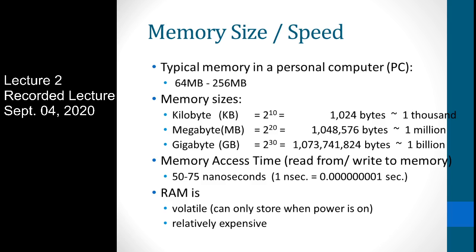Mabagal na to. Kasi yung ngayon, mas mabibilis na. Imagine 50, 75 nanoseconds. So, in today's standard, mas mabilis pa yung ngayon. I think mga nasa 20 nanoseconds na lang yung access time. So, RAM is volatile. Yan, RAM is volatile. Can only store when power is on. And relatively expensive. Ayan.